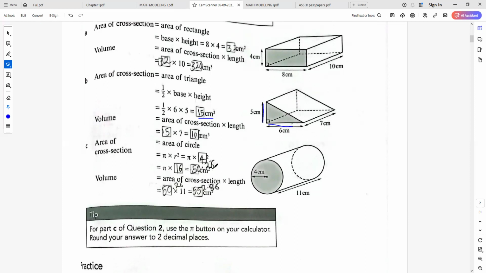So here, if you are using your calculator, let me explain how you can use your calculator, right?